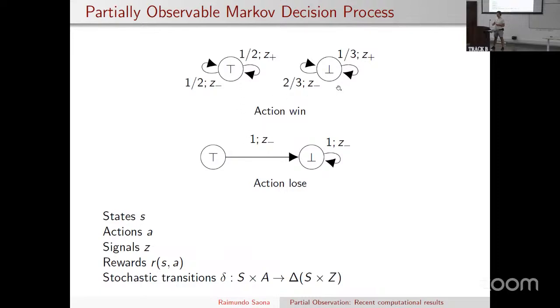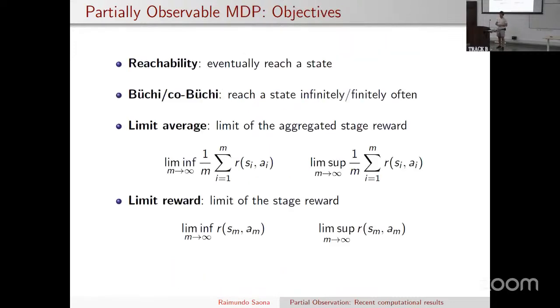Here is 1, here is 0, but you could get rewards along the way. So if you get rewards along the way, you would like to aggregate them, for example, as an average and take the limit, or just the limit reward. The limit reward subsumes Büchi, co-Büchi, and reachability. The limit average reward subsumes only reachability. And in this setting, we're going to ask a bunch of questions. So what are the questions that we can ask?